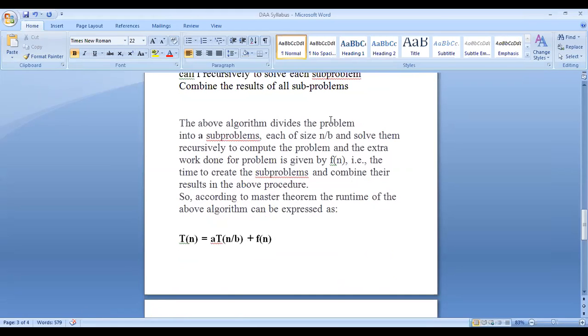So here the problem is divided into sub problems of size n by b and solved recursively to compute the function.